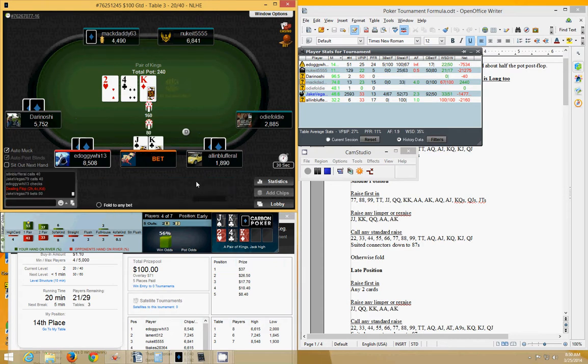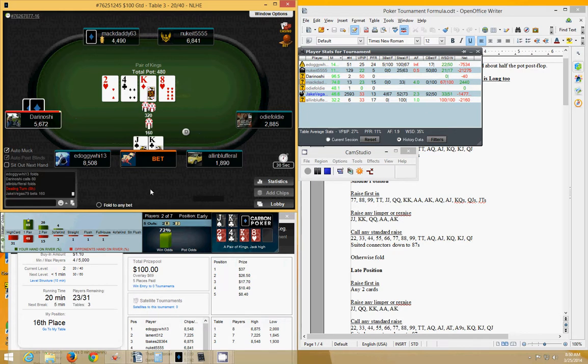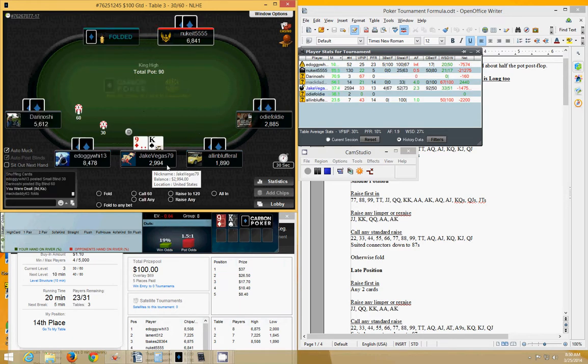Gonna go ahead and bet at it. So we got a caller, so he's probably got a king. Kind of curious as to how big his kicker is. And he folds it down, and we're back up to 2,994 chips.